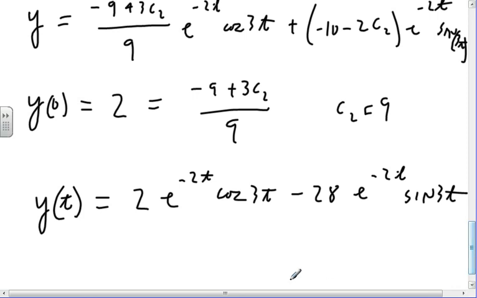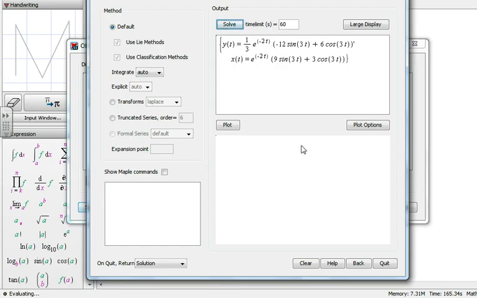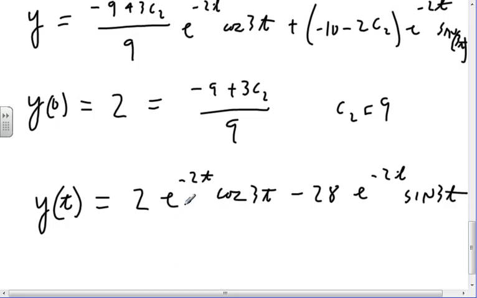Are we supposed to have a 2 in front of the cosine? No, we're supposed to have a 3 in front of the cosine. All right, so we'll work on the 3 in front of the cosine first. That's 18, right? 18 plus 9 is 27, divided by 3, making C2 9. But if C2 were 9, that would be 27. No, that's right.